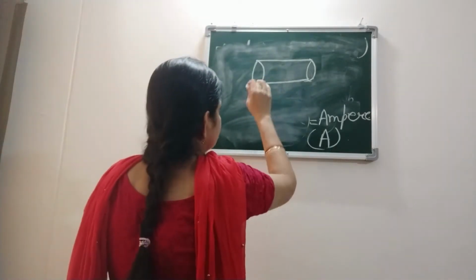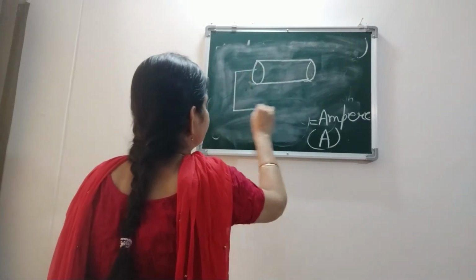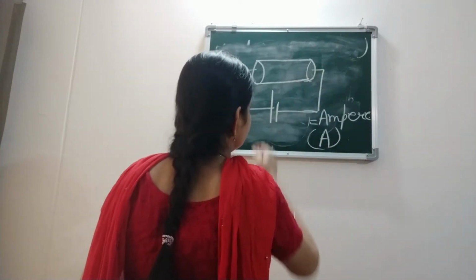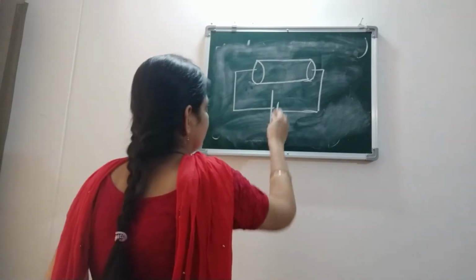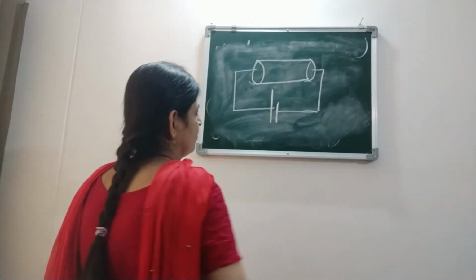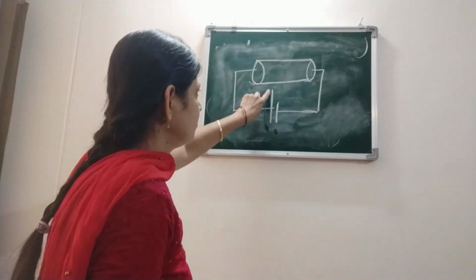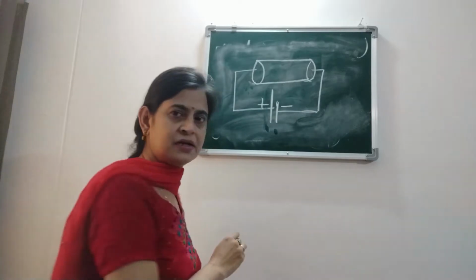Suppose this is a conductor and this is connected to a cell. In a cell there are two terminals. One is the positive terminal and another is the negative terminal.